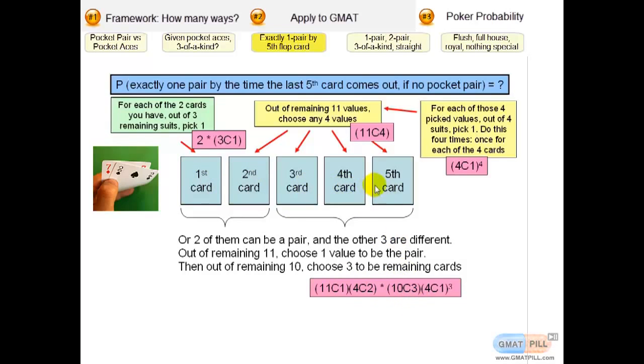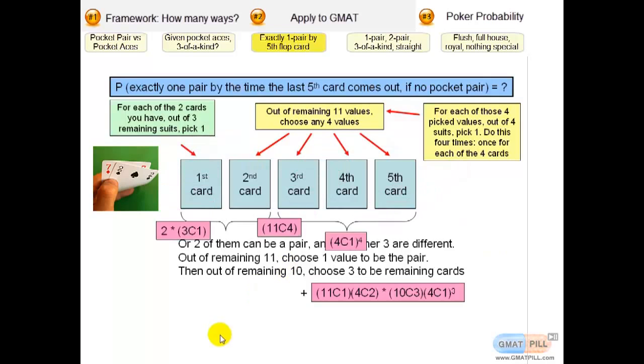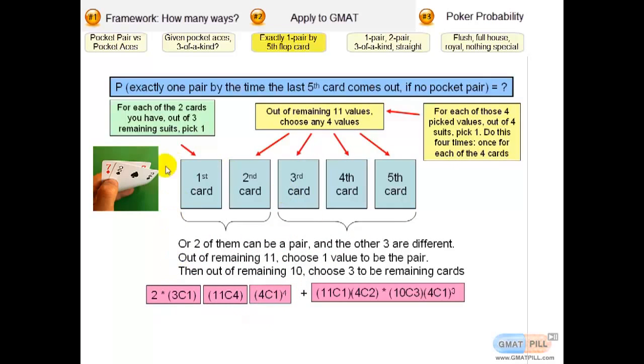And for each of these 3 cards, choose a suit for them and do it 3 times. So combine all of these things together into a calculation, and you basically have this times this plus this. So this is when one of the cards on the table matches one of the cards that you're holding, and then this is when you have a pair on the table.